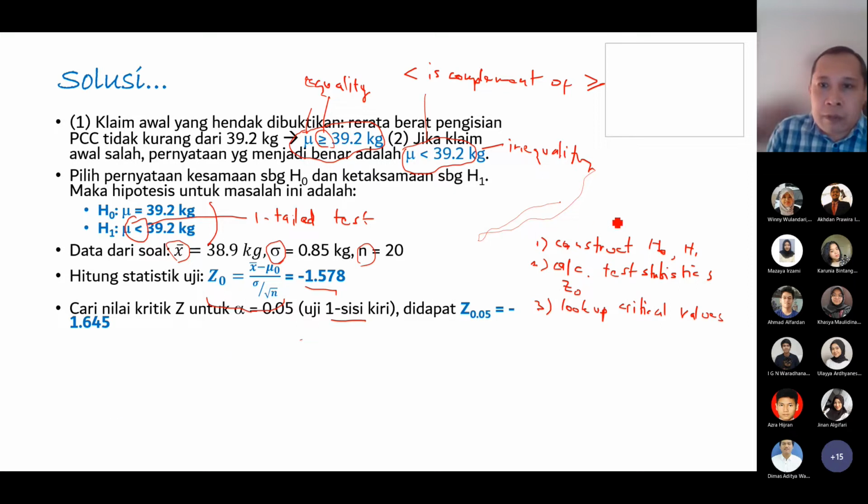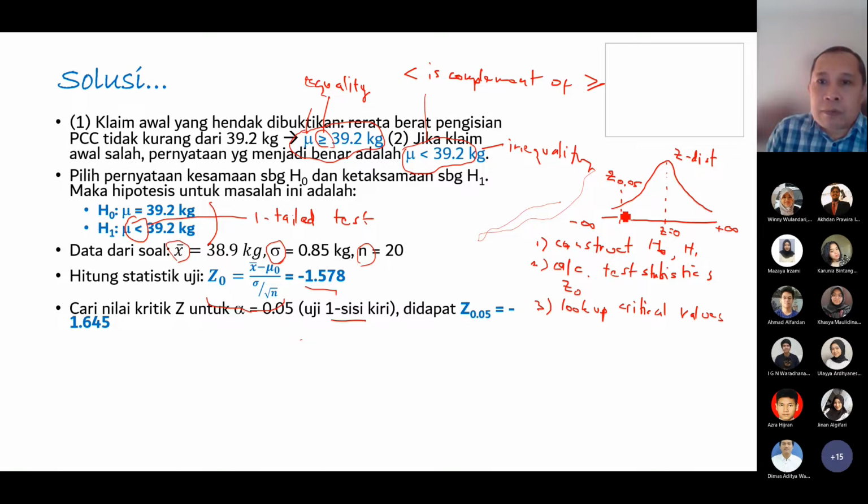So if I were to draw this, this is a z distribution, right? Sorry about the messy graph. The center line is, of course, z equals 0, and then it extends from z plus infinity to z minus infinity. And we are looking for the critical z for which alpha is 0.05.